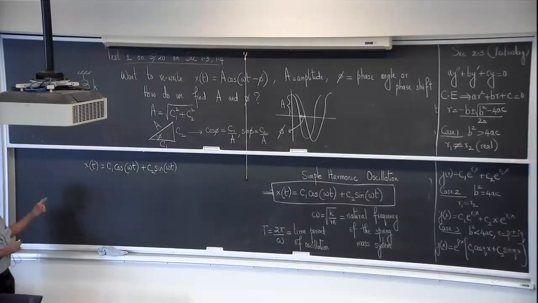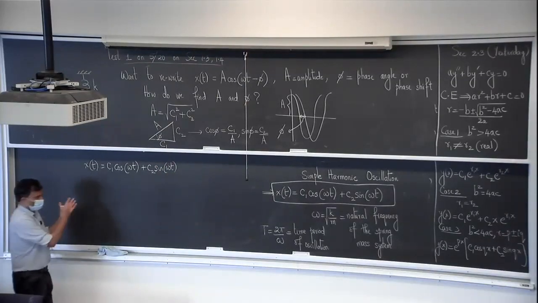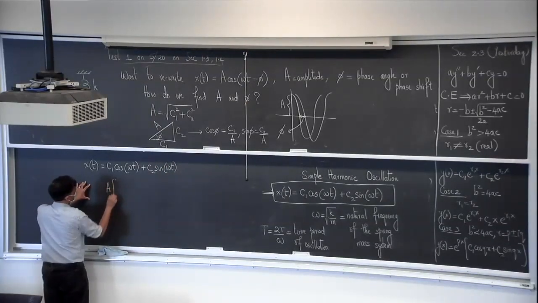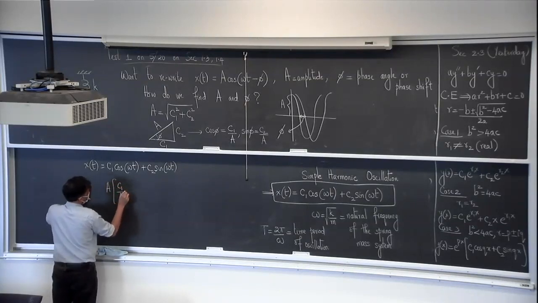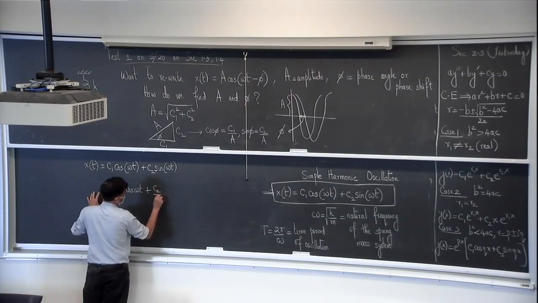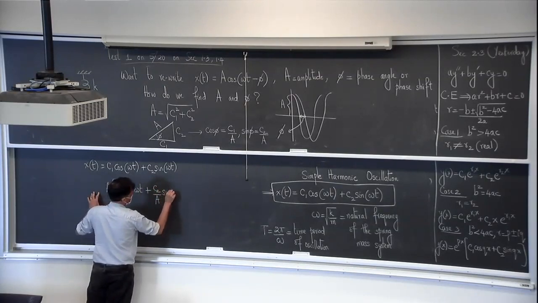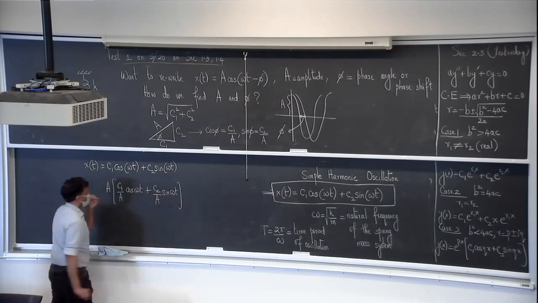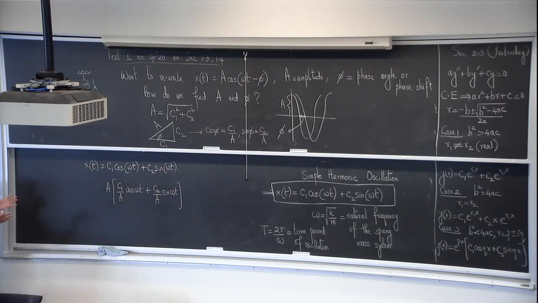What I'll do is divide and multiply this by A throughout. So it's A times C1 over A cosine of omega t plus C2 over A sine of omega t. I can do that because A is just a number. You can multiply and divide the same number throughout the equation.